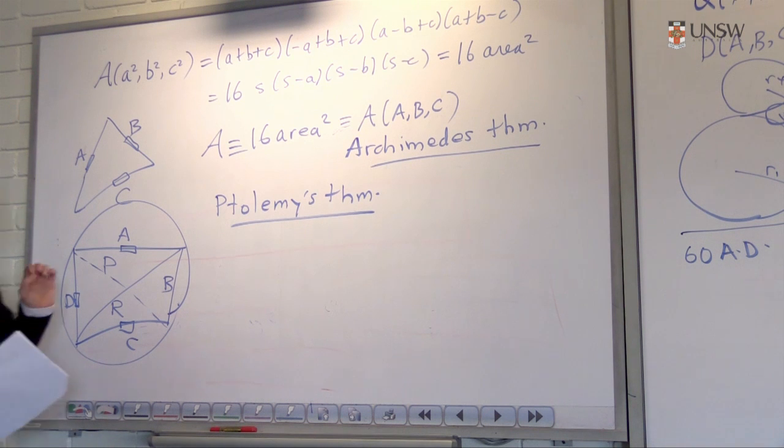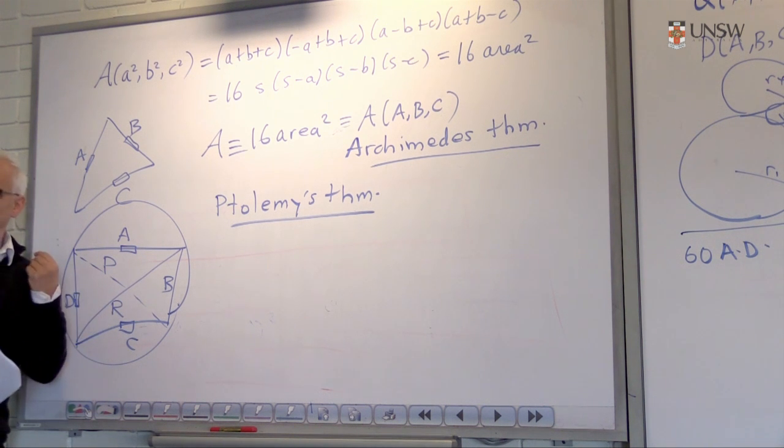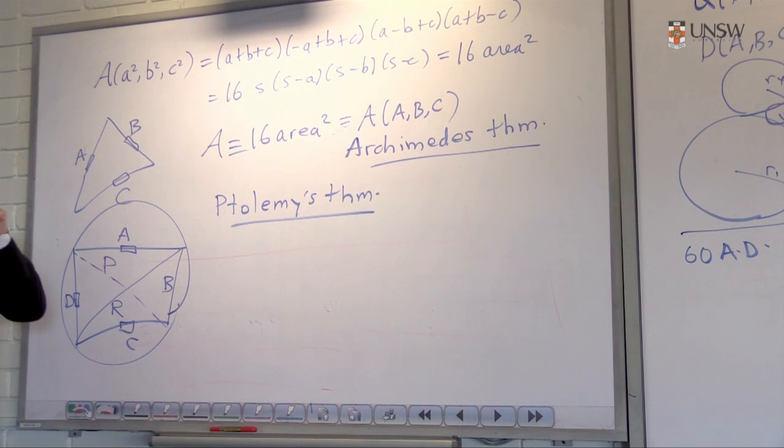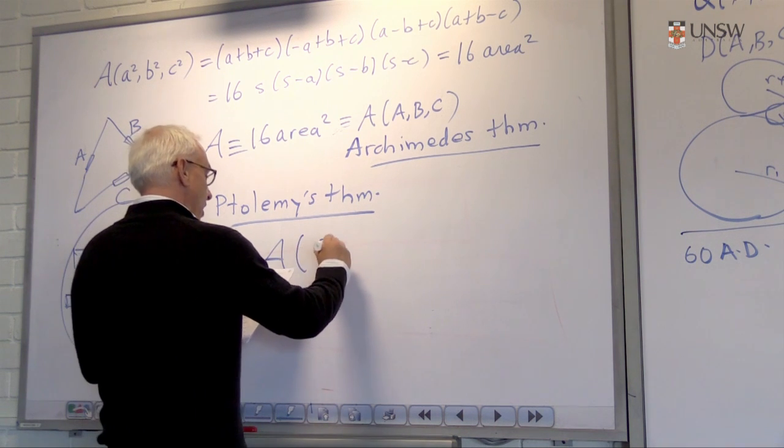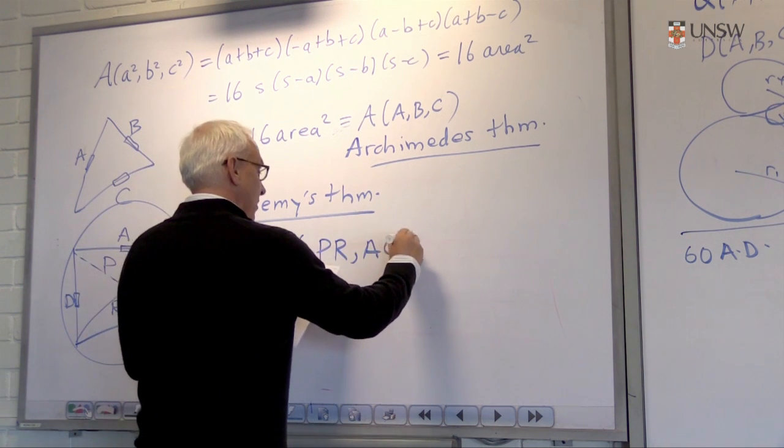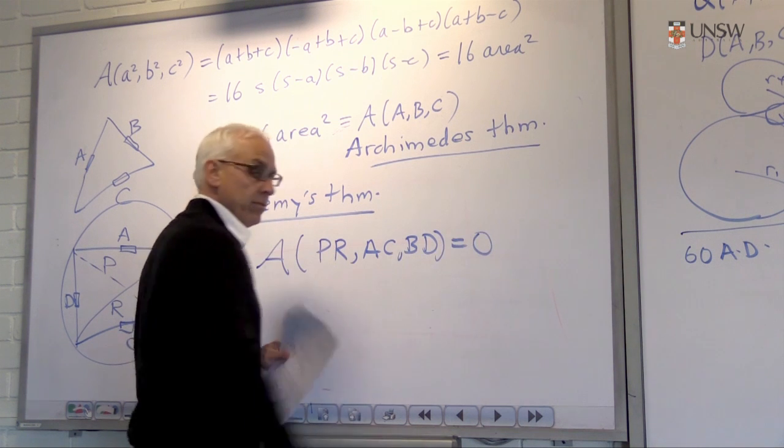Instead of having a linear relationship between the product AC, the product BD, and the product PR, between those products of lengths, we're going to have a quadratic relationship between their squares. Ptolemy's theorem is that A of PR, AC, BD equals 0.